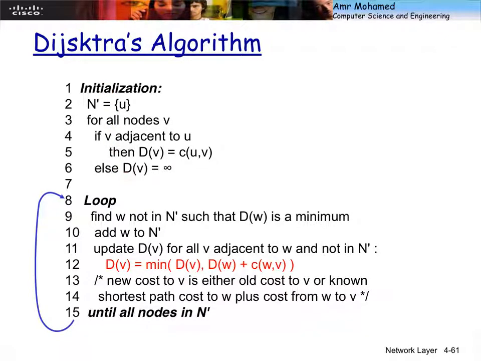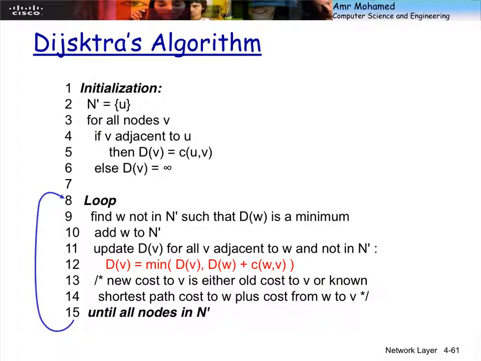So the first phase here is the initialization phase. In the initialization phase, you assume that N' has the source node. So you always start from the source using the Dijkstra algorithm. You assume that you know the cost of U, and you have the cost of all the other nodes.